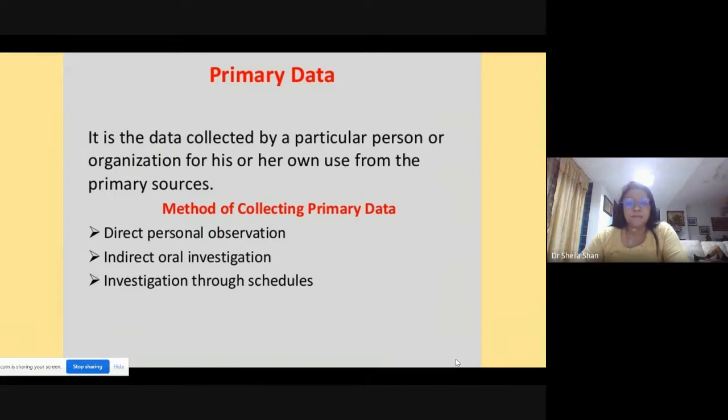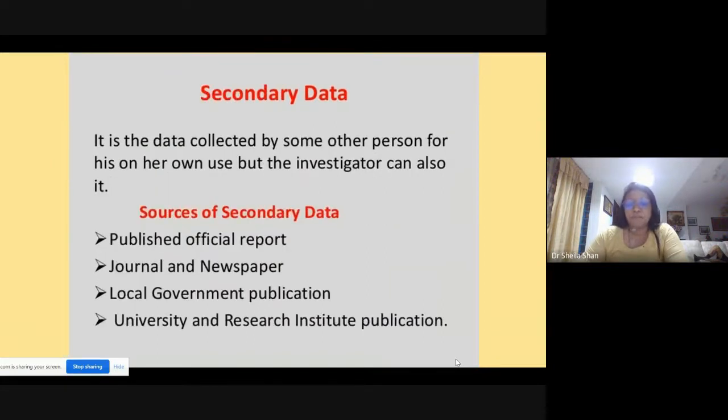So it is data collected by a particular person or organization for their own use. So we call it primary. If it's secondary, the data has been collected already: published official reports, journals and newspapers, local government publications, university and research institute publications.